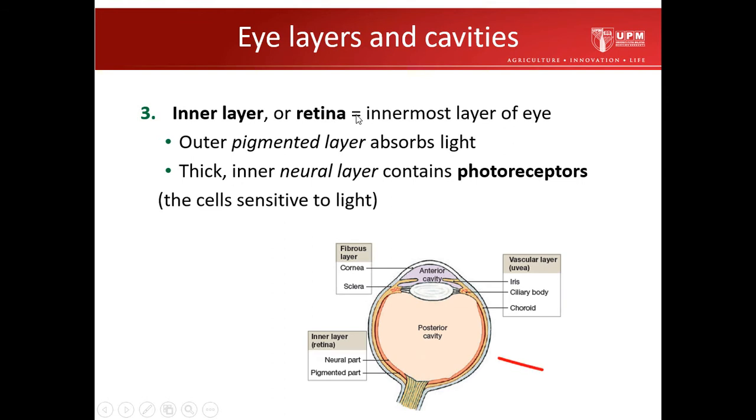The retina is the innermost layer of the eye. It consists of a thin outer layer that absorbs light, and also an inner neural layer which contains photoreceptors which respond to light.